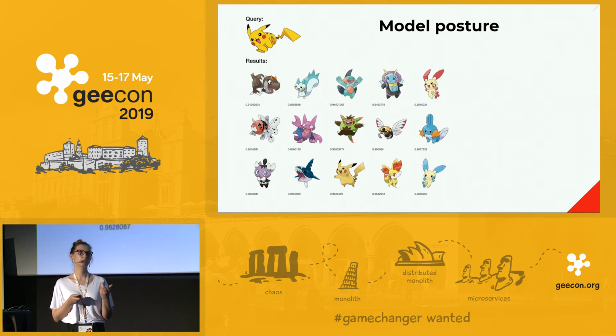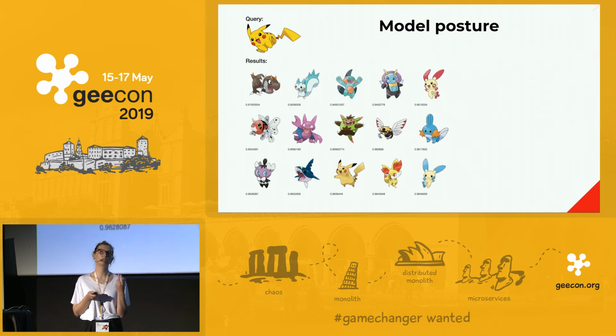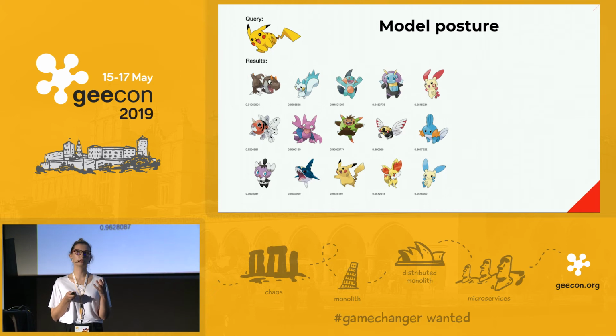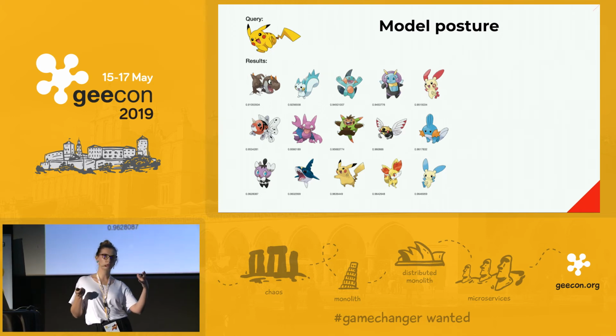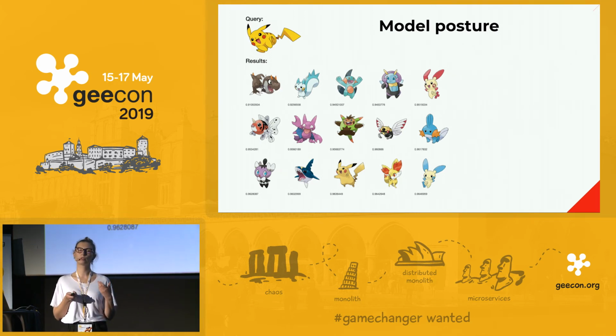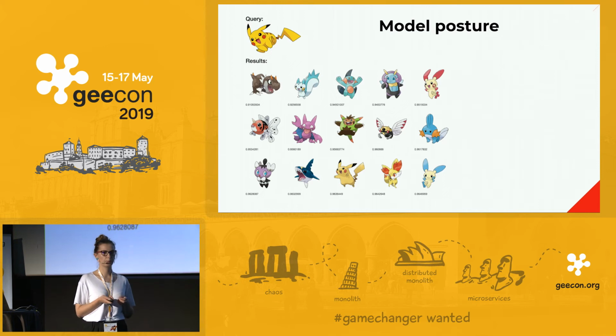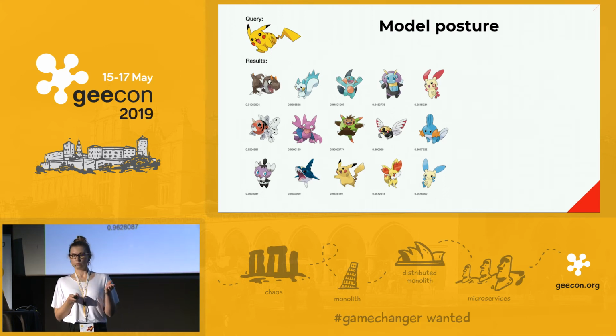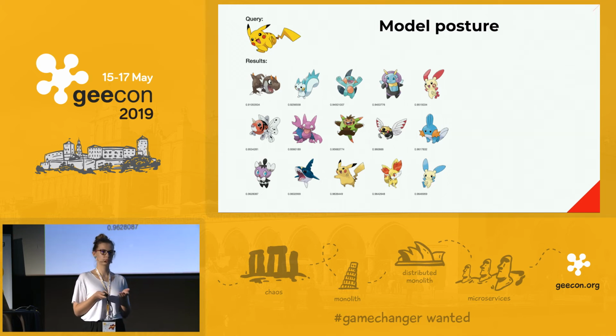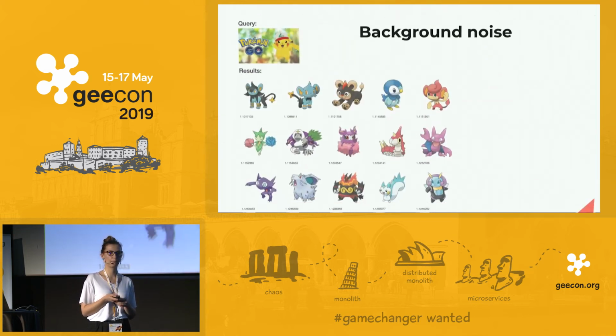Especially for fashion, sometimes the results are not related to the clothes that the model is wearing, for example, the pair of jeans, but rather the posture. So the model stands like that, so you look for images with a similar model's posture. And here, Pikachu is somewhere in the results, but it should be the first one, and it's not.